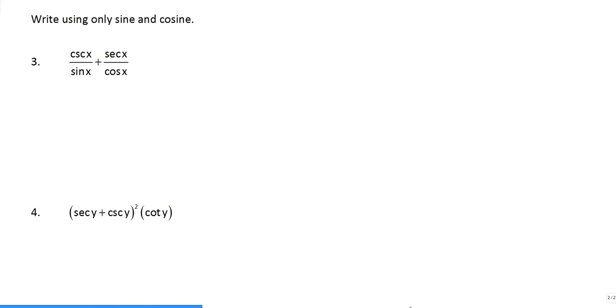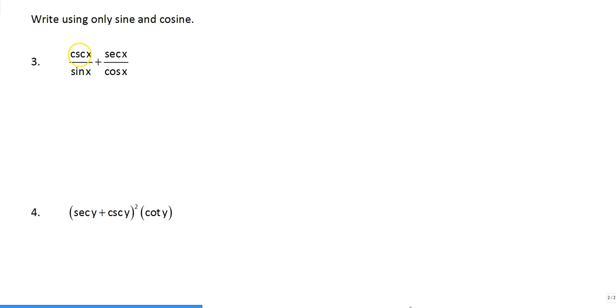Okay, these next 2 examples are going to work with a different set of directions. These say to simplify in terms of sine and cosine only, which means in your final answer you are not allowed to use the word cosecant, secant, tangent, or cotangent. So the first thing we're going to do is follow the directions.